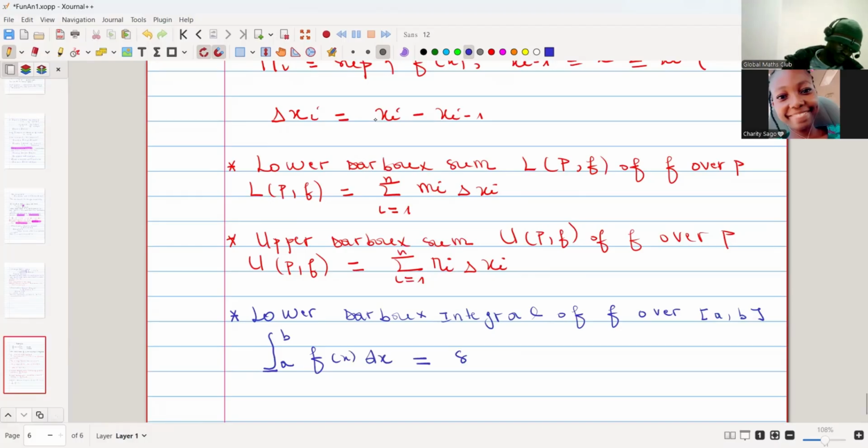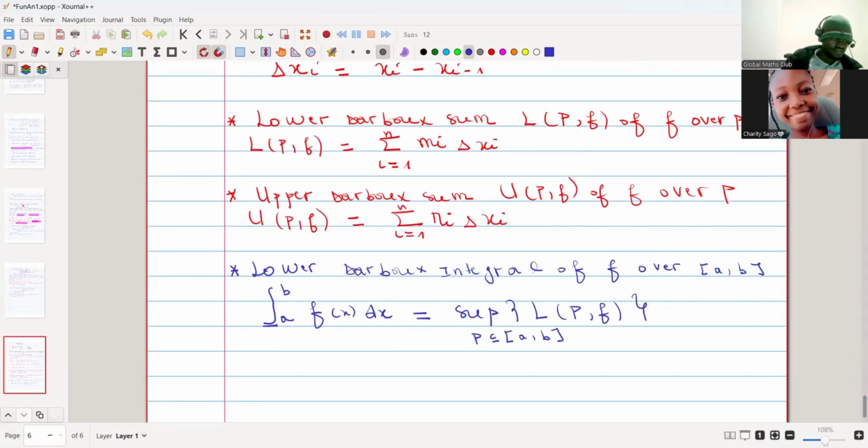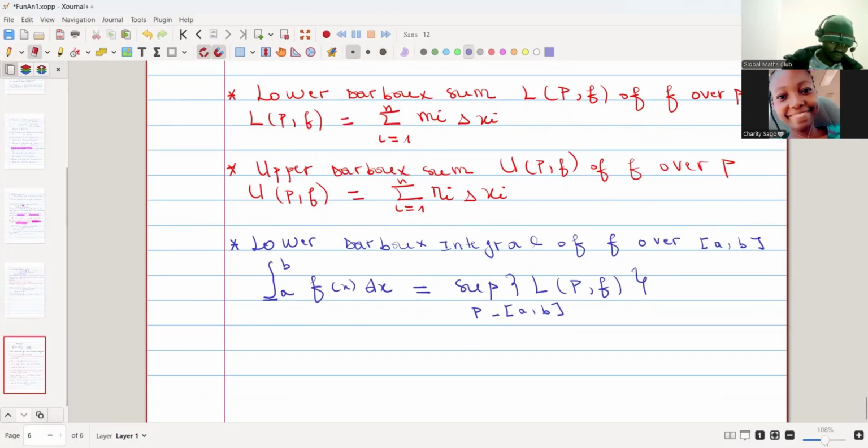This is just the supremum of the lower double sum, where P is a partition of [a, b]. So the lower double integral is the supremum of the lower double sum. I can just put P under here.